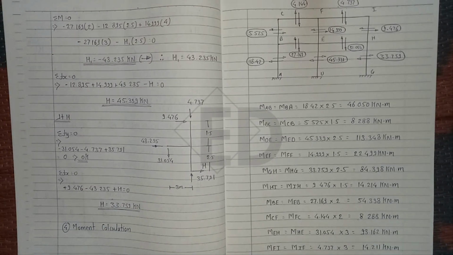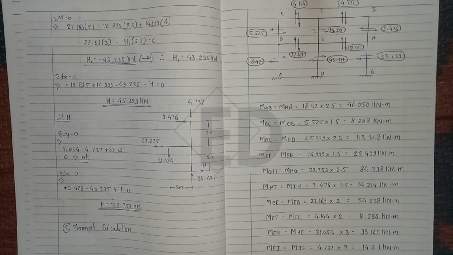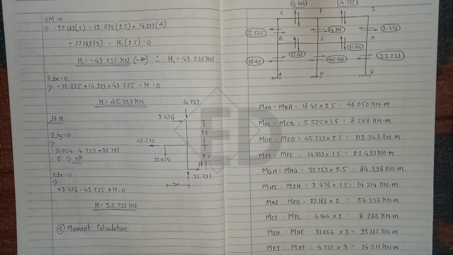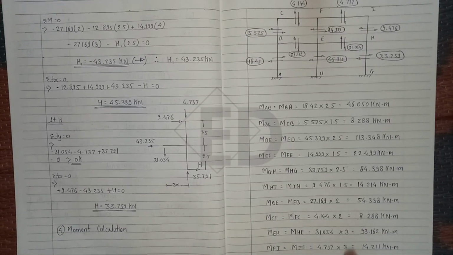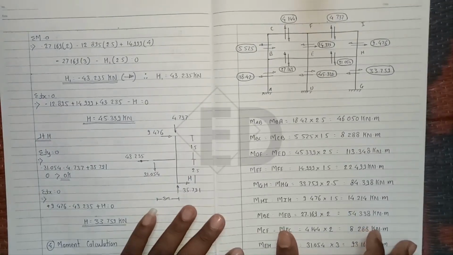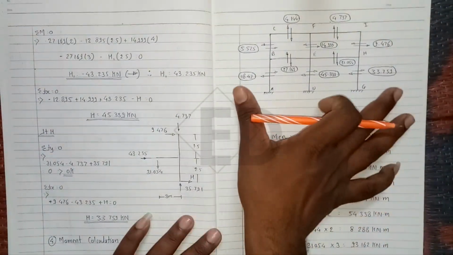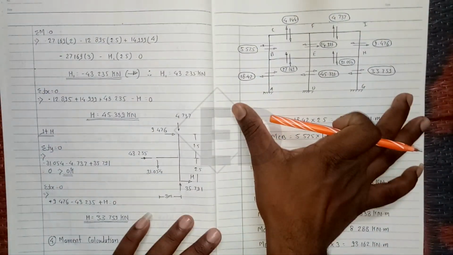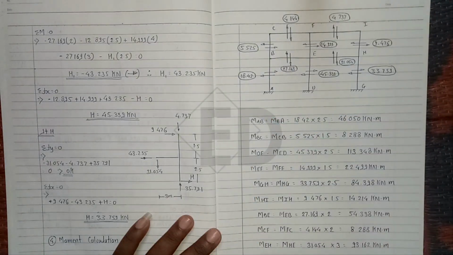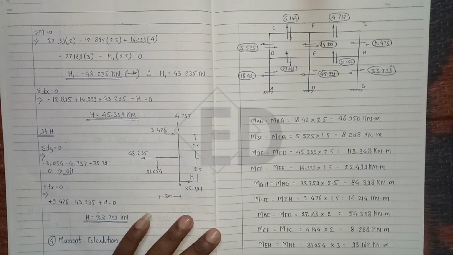Once we have calculated all the shear forces in the beam and column, our last step is the calculation of moment. Just draw this diagram, because once you draw it, it is very easy to calculate the moments.